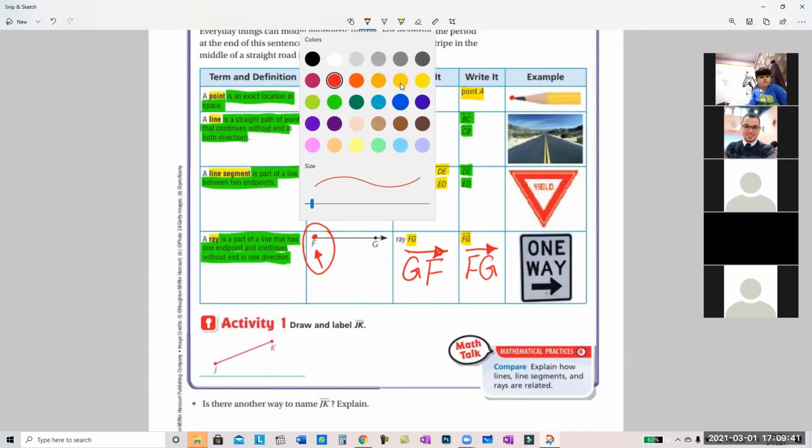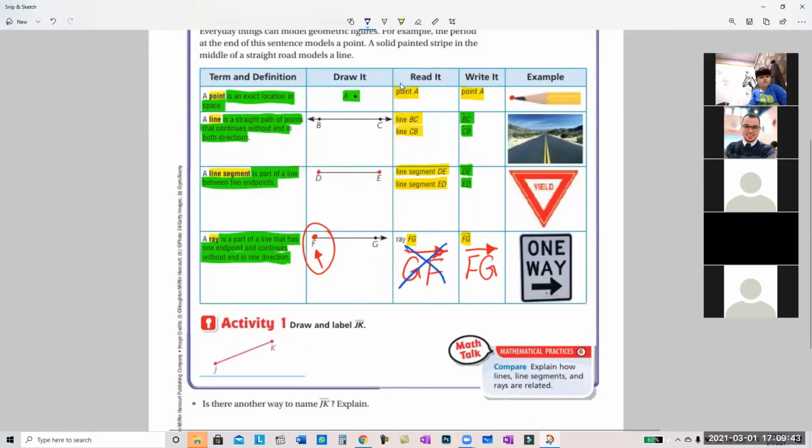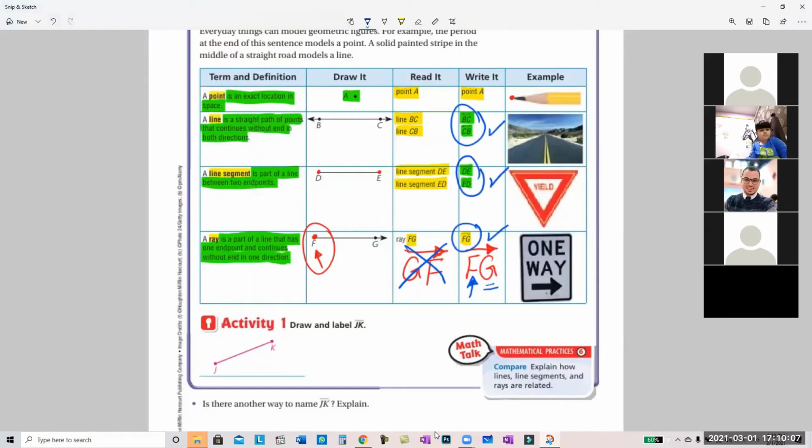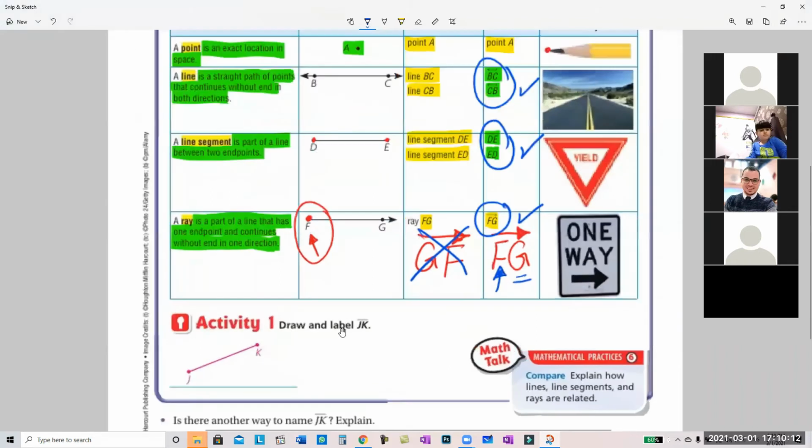You should start from the starting point, F. As you see here, we have two ways to write a line and two ways to write a line segment, but we have only one way to write a ray.